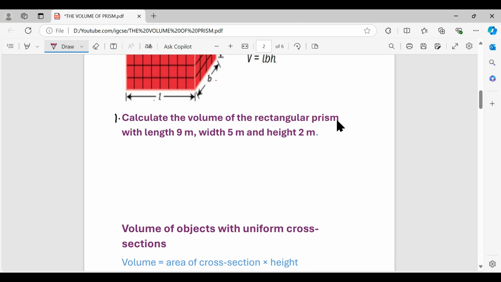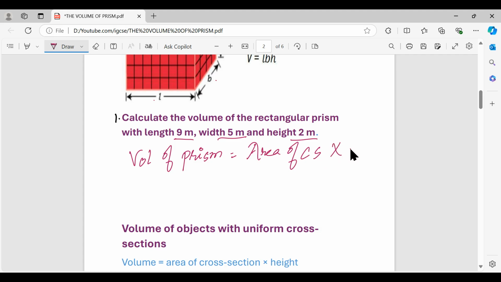Now, calculate the volume of a rectangular prism with length 9 meter, width 5 meter, height 2 meter. As I said, volume of prism is area of cross section times its height.